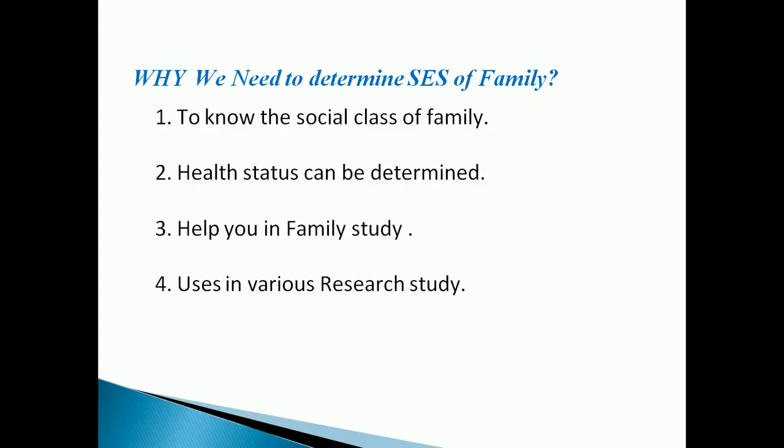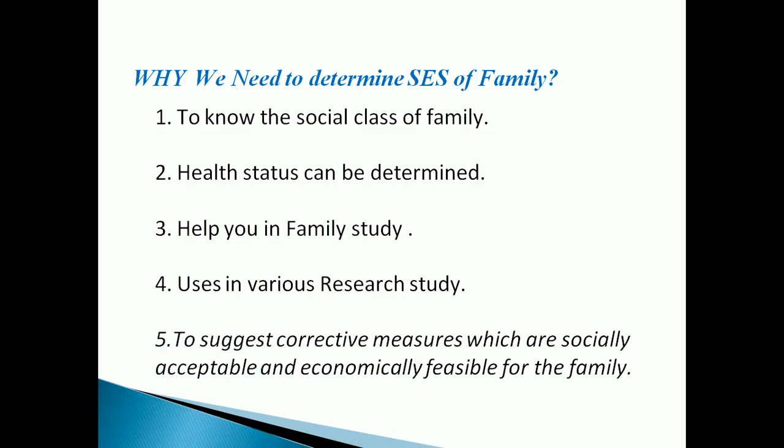Suppose in an area you have to do some research, you can know which people belonging to which category and which disease prevalence is more in which category, and it helps to suggest corrective measures which are socially acceptable and economically feasible for the family.